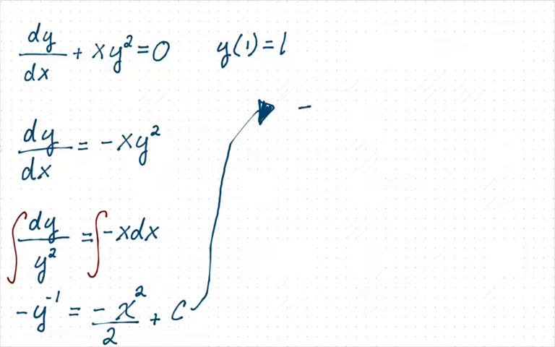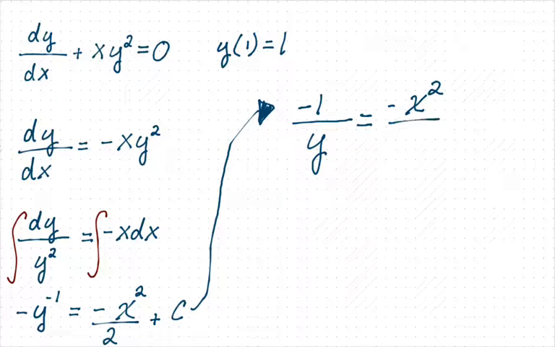So negative 1 over y is equal to negative x squared over 2 plus c.